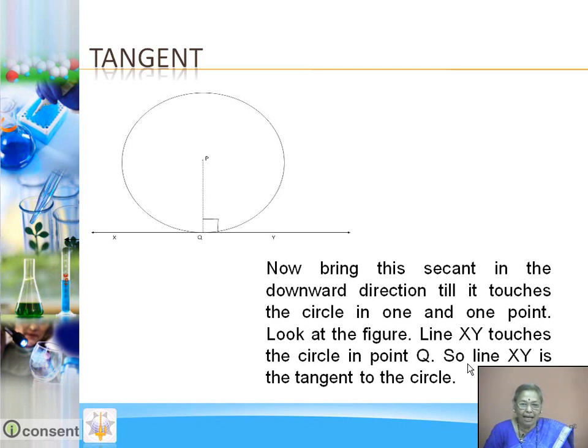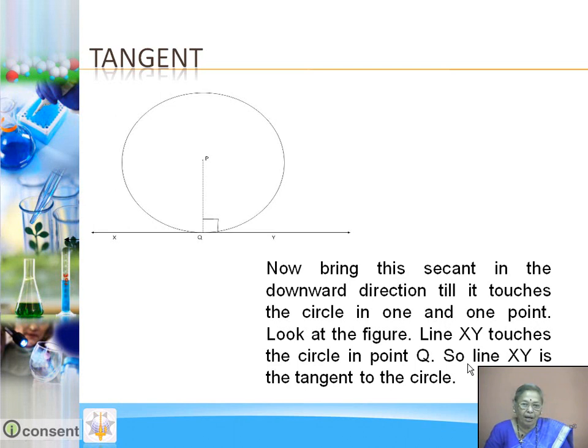Here in the diagram you will see that PQ is perpendicular to the tangent. How many tangents can you draw from one point on the circle? You can draw one and only one tangent from the point on the circle.